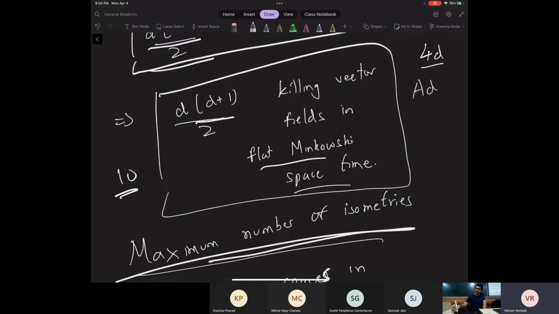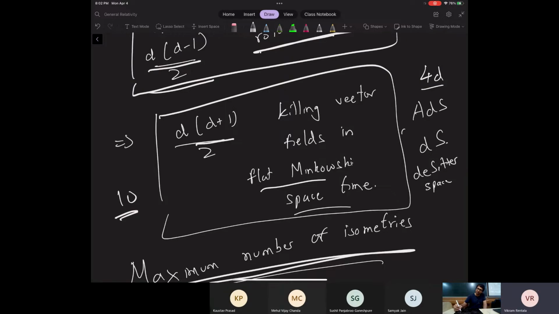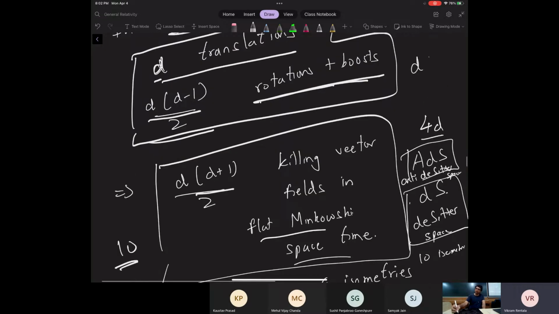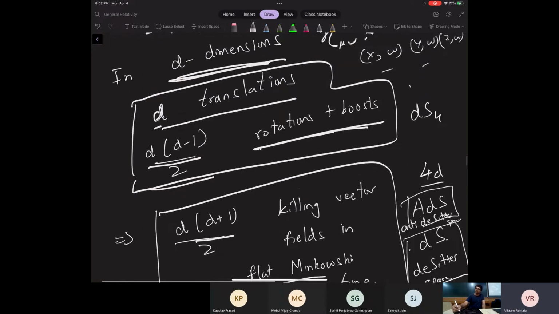They're called de Sitter space and anti-de Sitter space. These spaces are harder to visualize, but they all have 10 isometries, or 10 different Killing vectors each. If it's in 4 dimensions, you call it DS4 or ADS4.